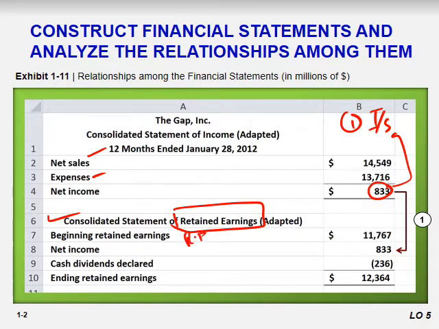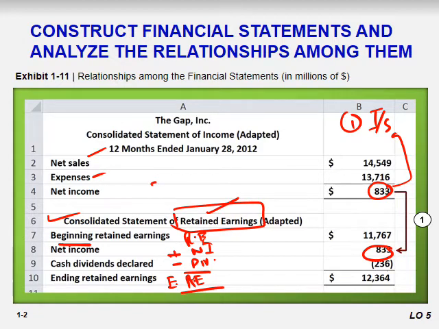What is the formula? Beginning retained earnings, plus net income, minus dividends, is equal to ending retained earnings. So if we don't have the net income, we cannot make the retained earnings statement.